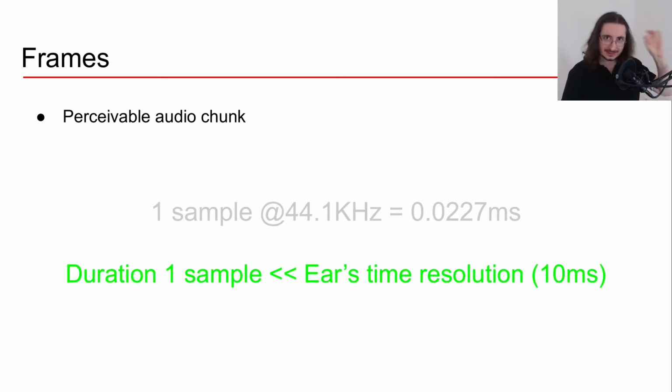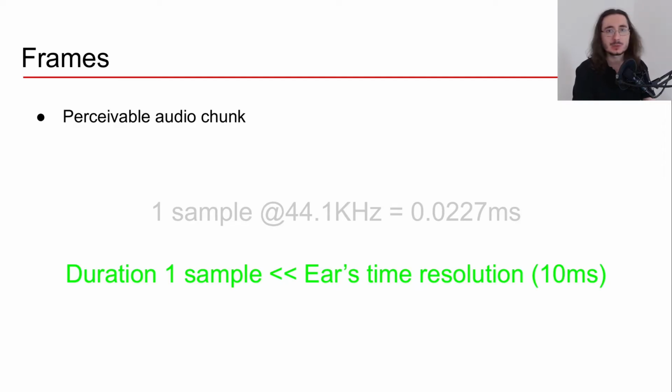So now we know that one sample is very, very short, and we know that the duration of this single sample is way below the threshold of the time resolution for human hearing, which is around 10 milliseconds, which basically means that all the things that are below 10 milliseconds, we cannot appreciate as acoustic events.